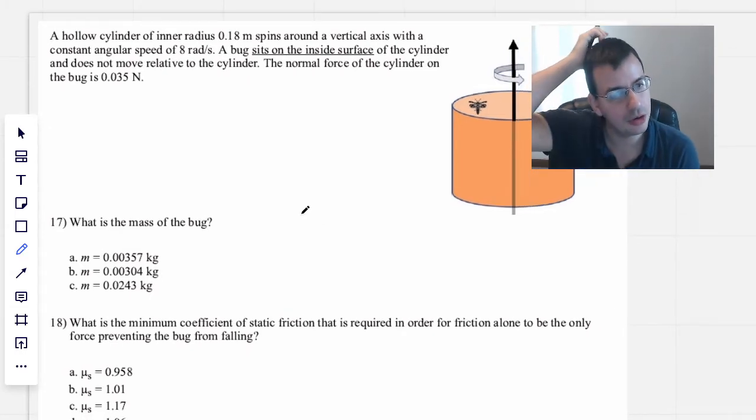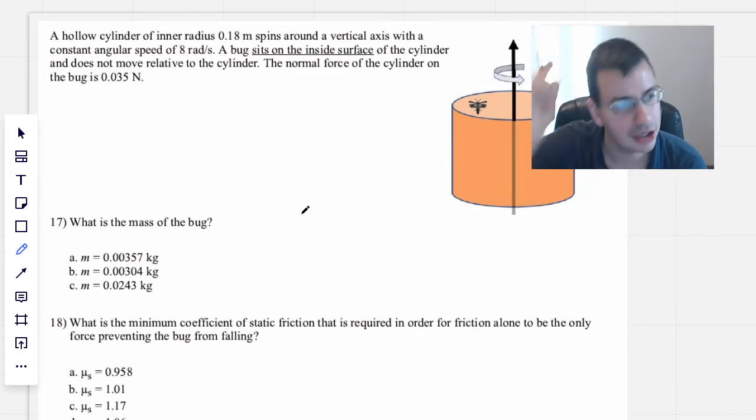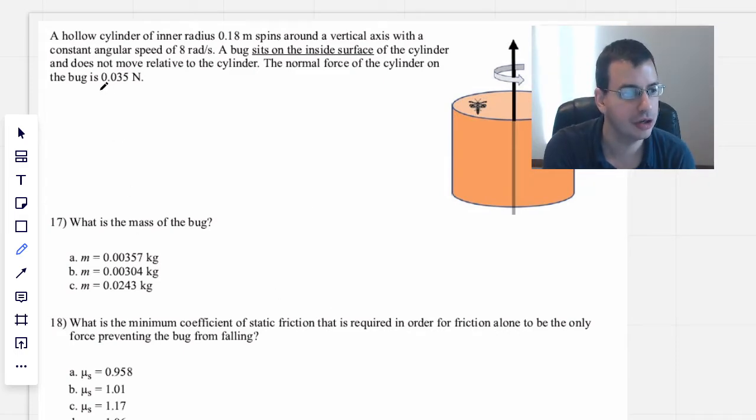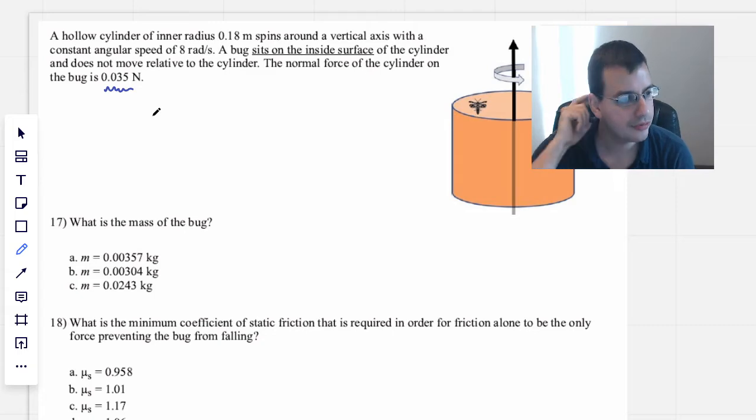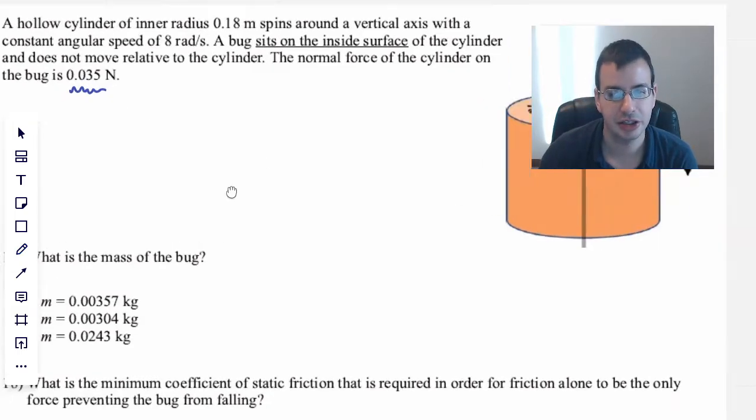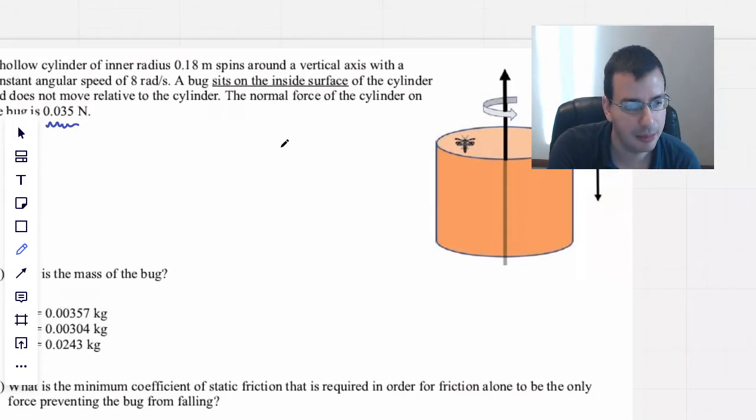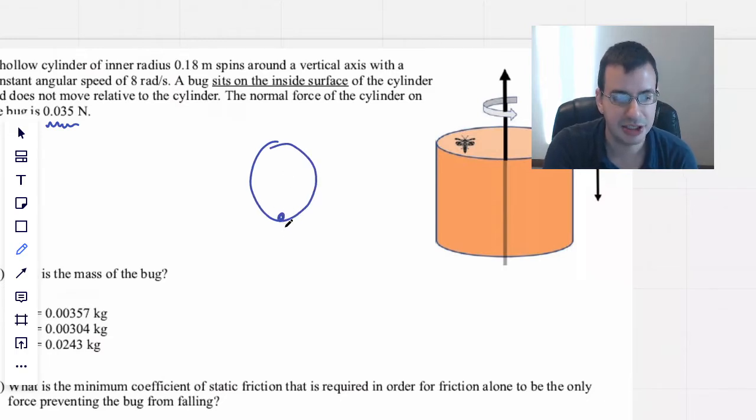Okay, so let's see here. We're given a normal force. If we look at this from the top view, we have a bug right here, and this is spinning. The bug is stationary with respect to the spinning cylinder.